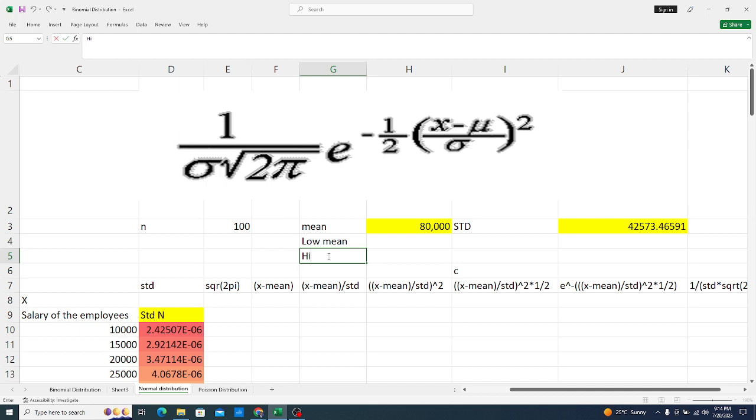And we'll also need another one with a higher mean, and see how the normal distribution curve will behave. So in this case, we can use a lower mean of 40,000, and another one of 120,000, while keeping the standard deviation constant.